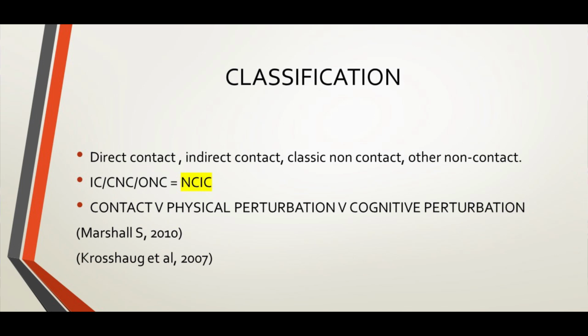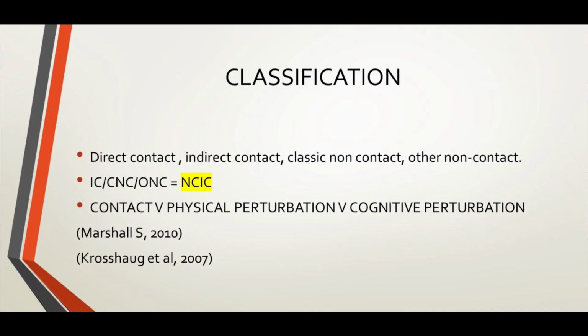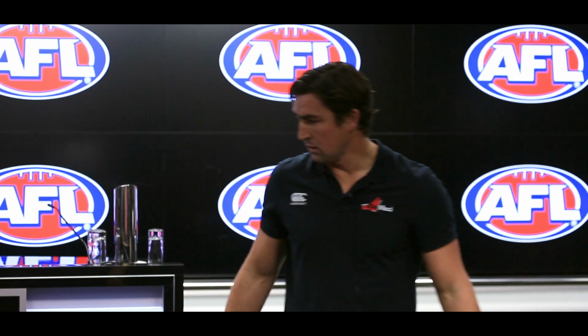But contact can also be to other parts of the body. So contact up top, putting someone off balance. And the classic non-contact, which is where a cognitive perturbation occurs, so a defender moves, change of direction, that classic non-contact we would associate with ACL injuries. And the other non-contact, which is basically a non-sporting contact.